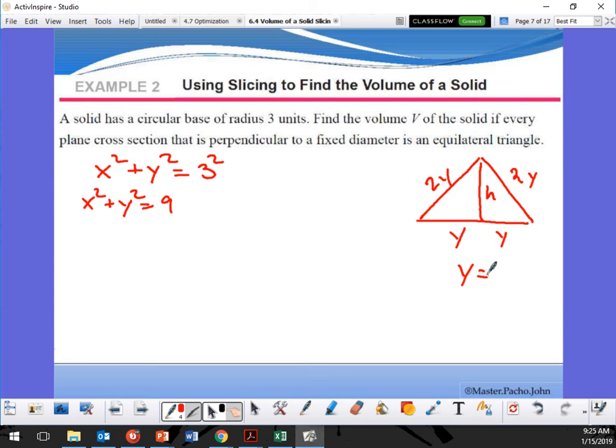2y squared minus y squared. You could use the Pythagorean Theorem on this one, if you don't know it. Oh, it is a special right triangle. So if you don't know it, please do the math right now. Use the Pythagorean Theorem to find whatever the h value is supposed to be.